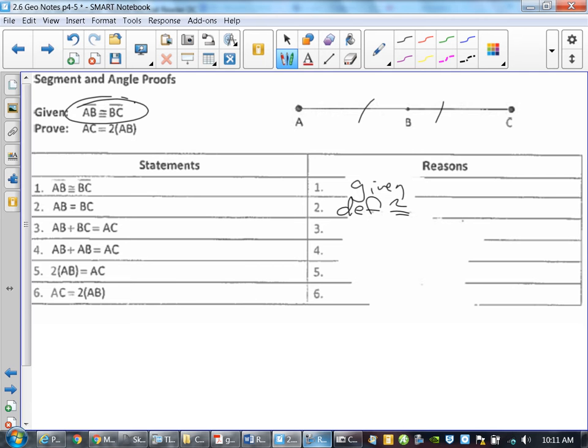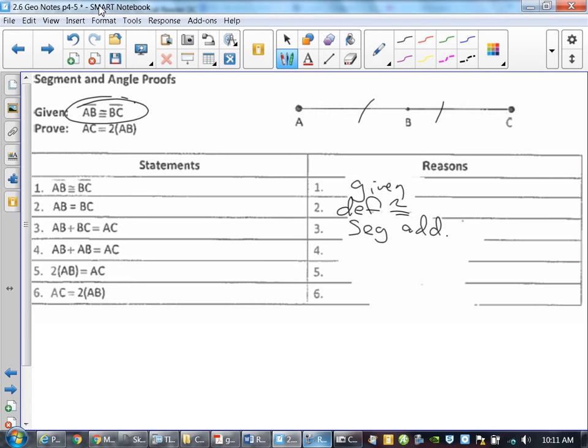Now, if I'm just looking at my diagram and I'm looking at this next statement, it says I have AB and BC, two smaller segments that add up to equal a larger one.